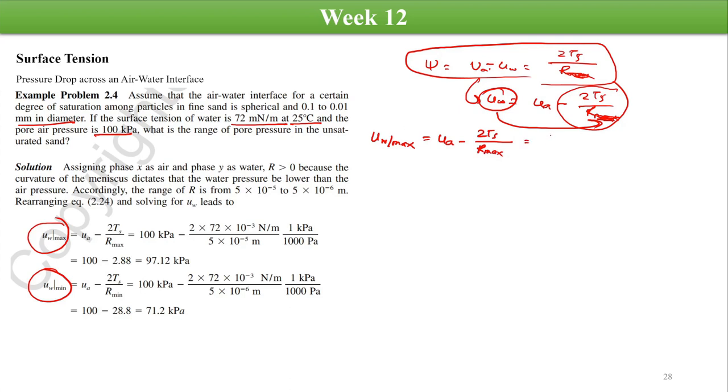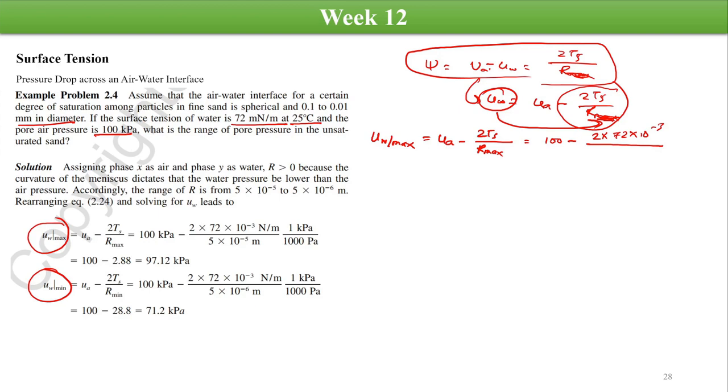So the UA value given here for air pressure is 100 kPa, minus 2 times the surface tension, which is given as 72 millinewton, so 72 into 10 to the power minus 3 Newton per meter at 25 degrees Celsius, upon the R max value.